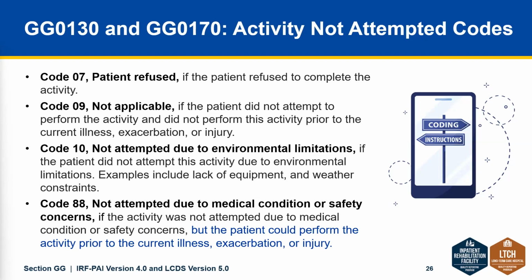For example, if the patient has a non-weight-bearing medical restriction that prevents the patient from performing the stair activities during the assessment time period, but the patient could go up and down stairs prior to their current illness, exacerbation, or injury, then code 88 would be appropriate. If the patient never went up and down stairs prior to the current illness or injury, then code 09, not applicable, is the most appropriate choice.